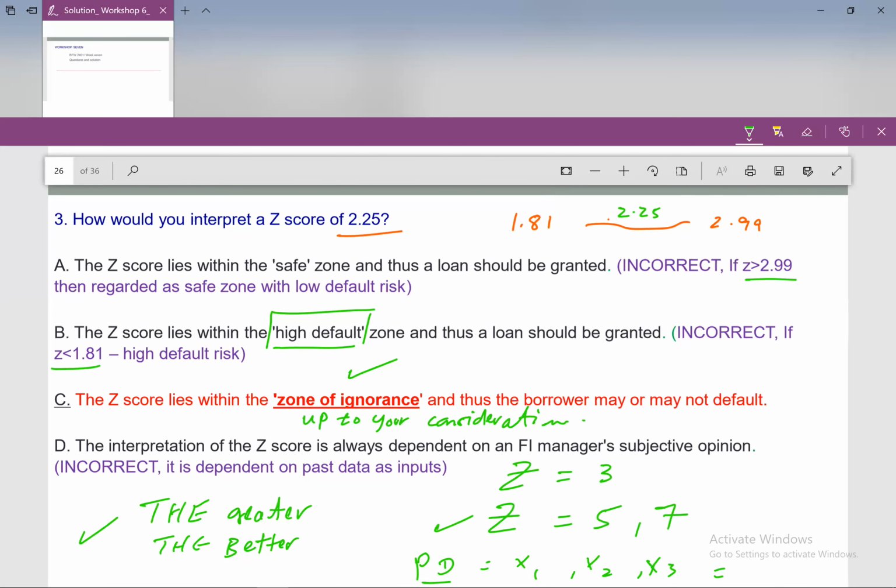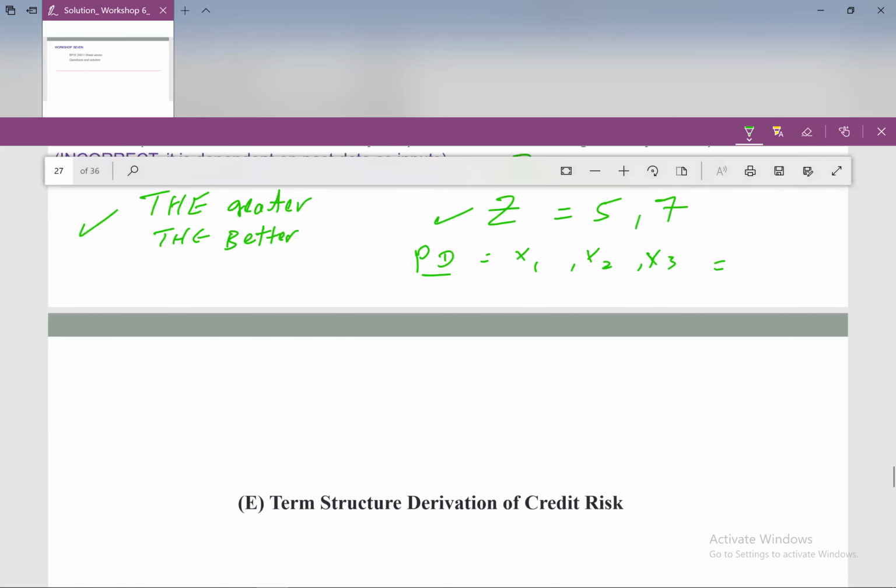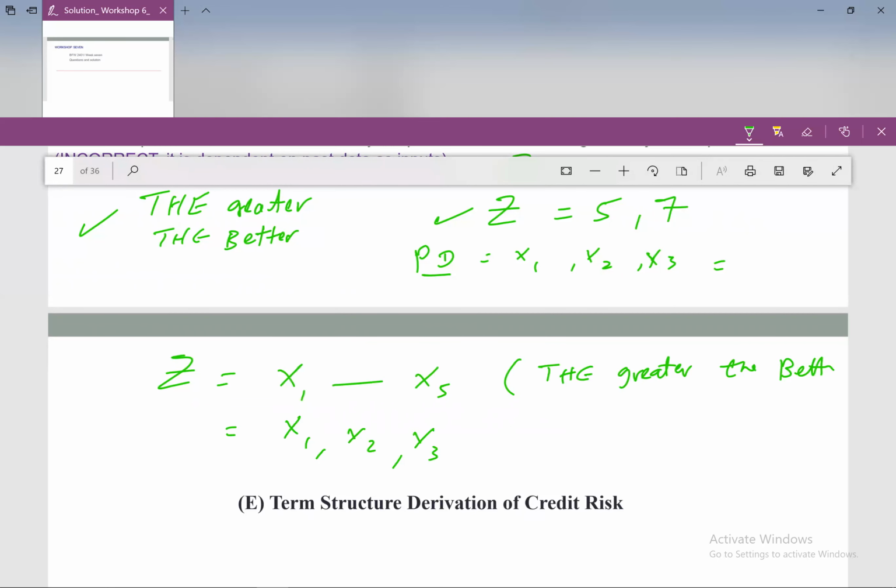Did you understand, my friends? We have two Z's. We have the Z for Altman, which has 5 factors, X1 to X5, and as Shaila is saying, the greater, the better. Linear probability modeling is the first model, with X1, X2, X3, one of them being profit.